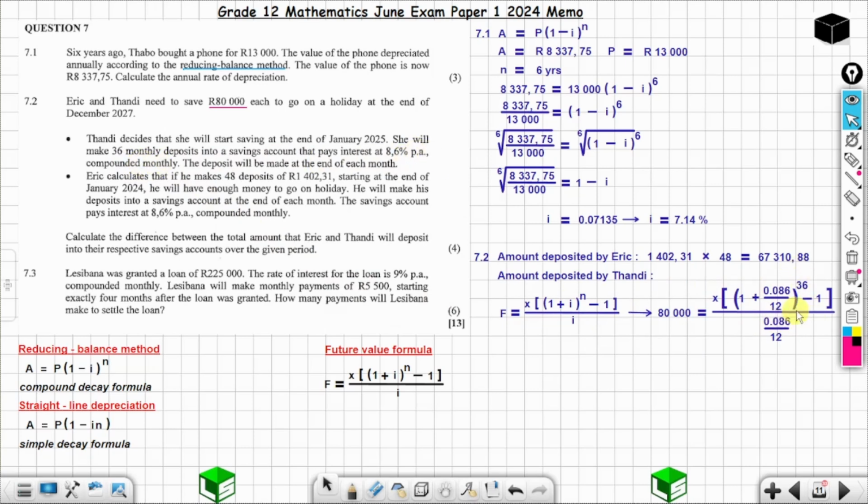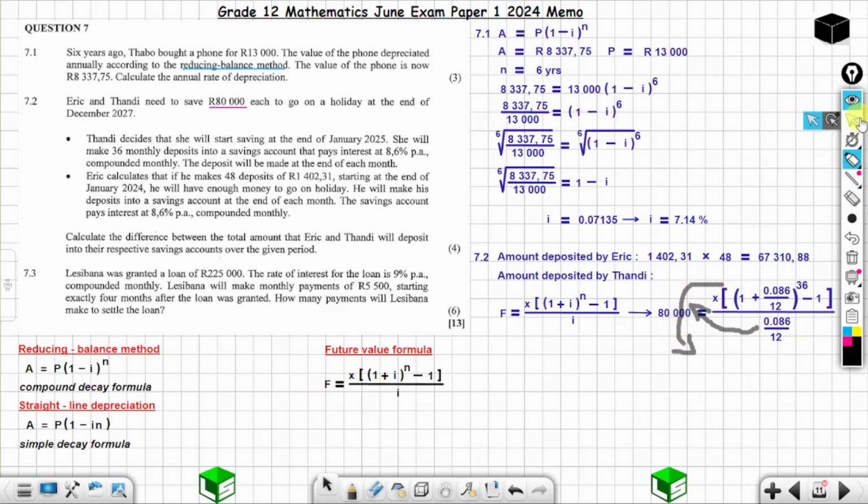So we need X. To find X, you are going to have this to the top and this to the bottom.